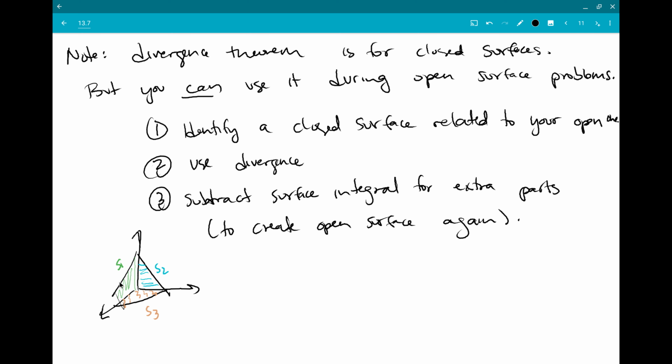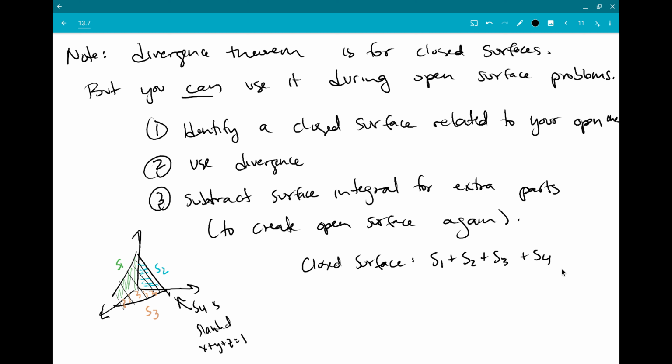And then here's our normal. S4 is going to be that slanted part, x plus y plus z equals 1. So the closed surface we looked at was S1 and S2 and S3 and S4. And you can do the divergence theorem over that entire surface.